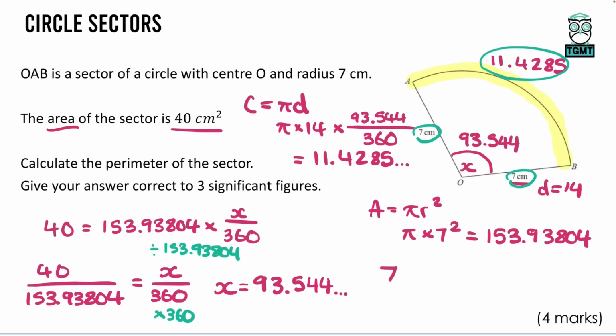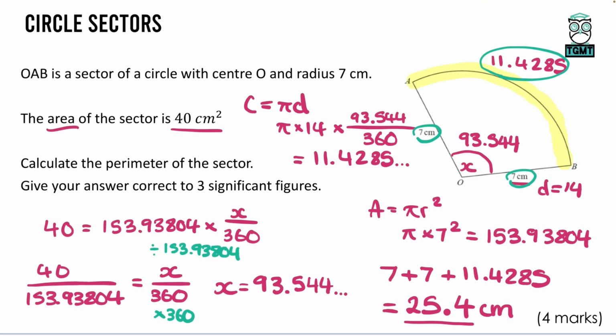So 7 plus 7 plus 11.4285, and if we add 14 to the answer on the calculator, that gives me a perimeter of 25.428, so 25.4 centimetres, and that is the perimeter of my circle sector. And there we go, that is how to work out forwards and reverse circle sectors.